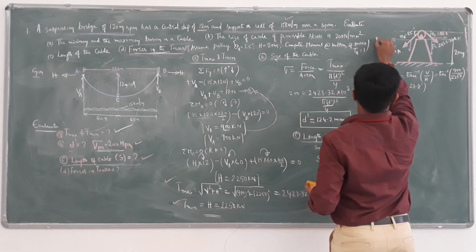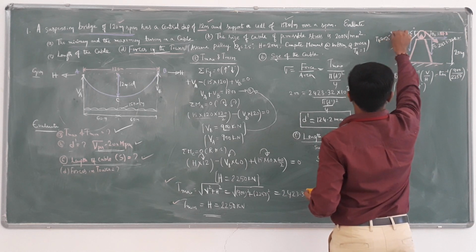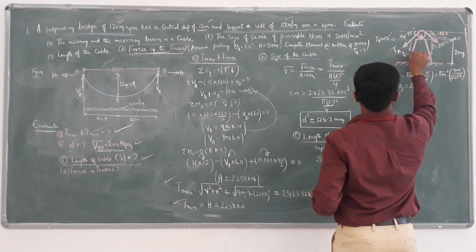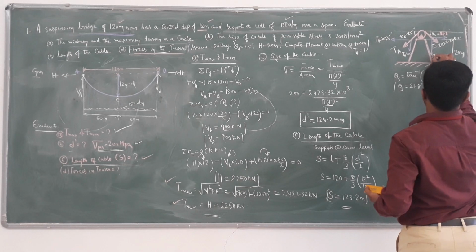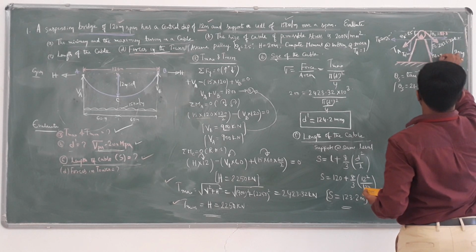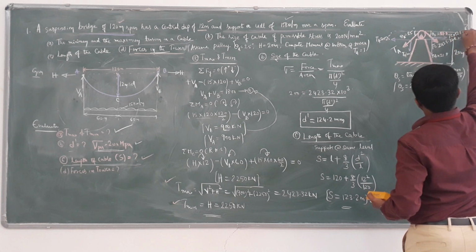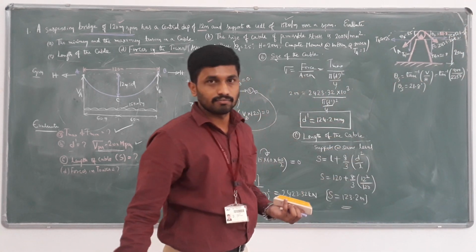This is TA cos 25, vertical is TA sin 25, and this is T sin 21.8, and this is T cos 21.8. Just resolve the thing.